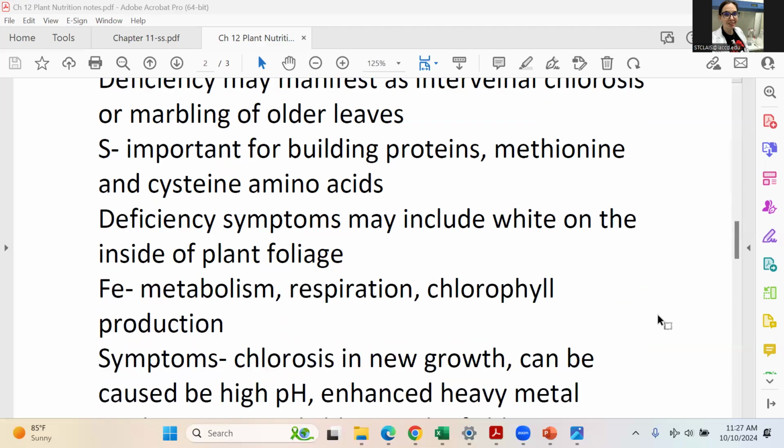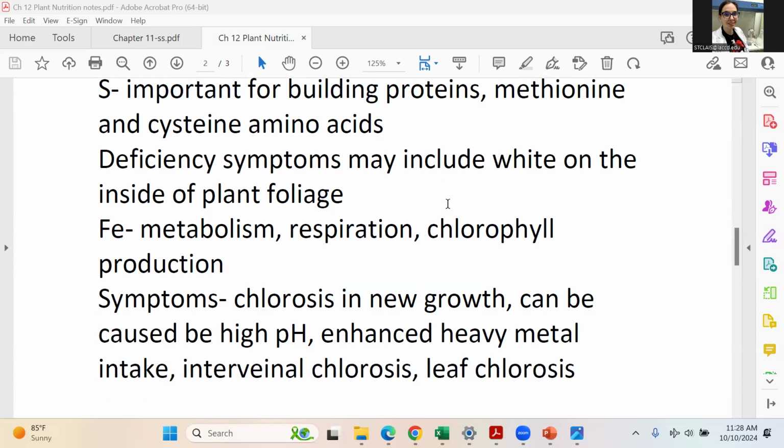Methionine and cysteine are both amino acids containing sulfur. The cysteine is an amino acid that has a disulfide bond, and it's like a really strong bond. So it's involved in strengthening and supporting the plant tissue.